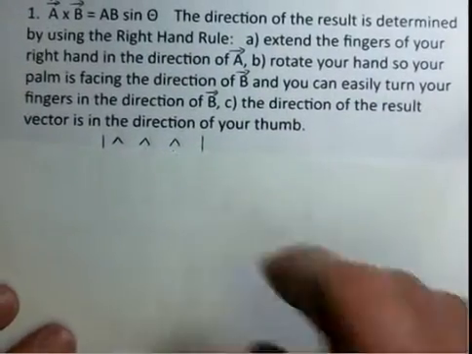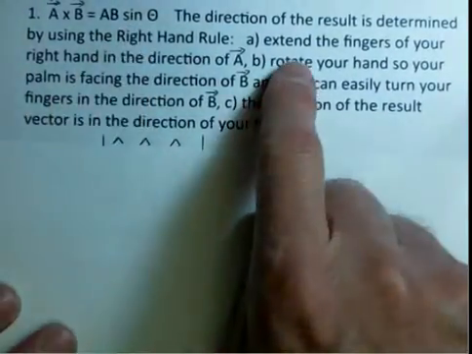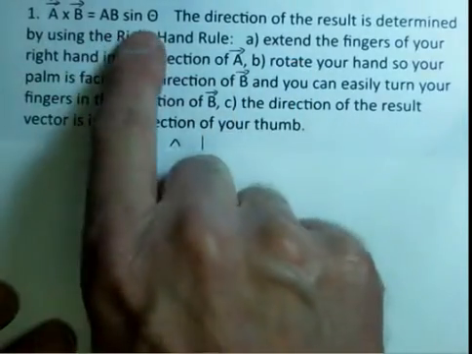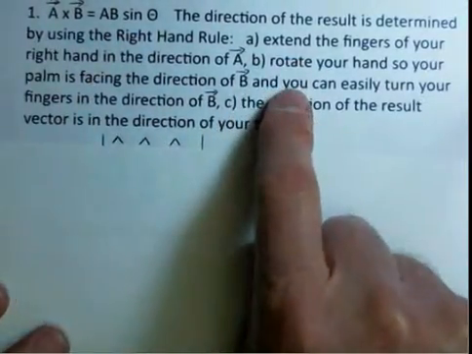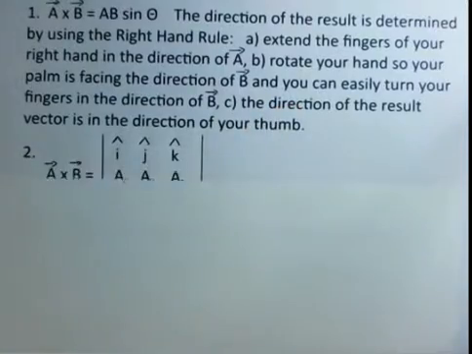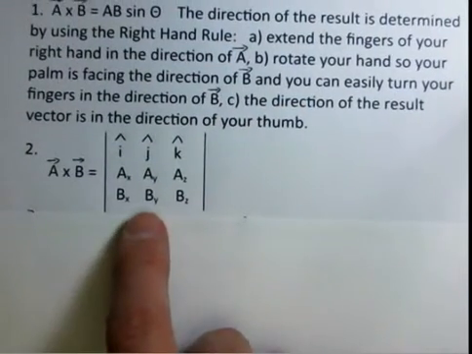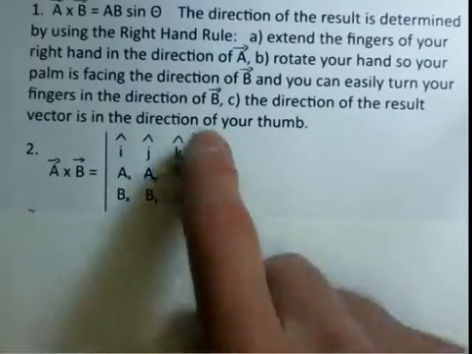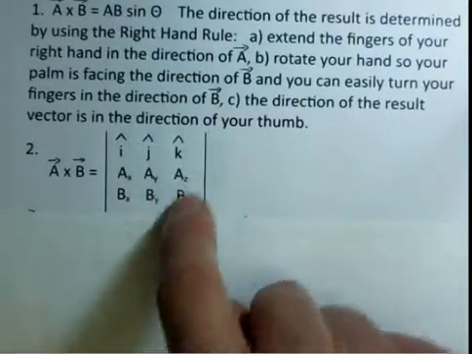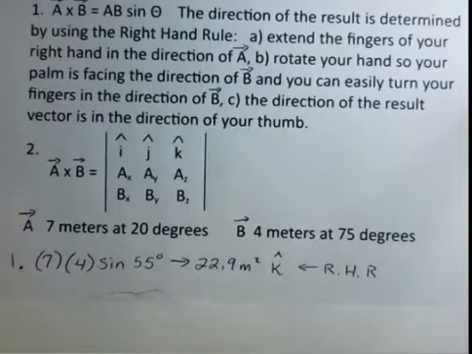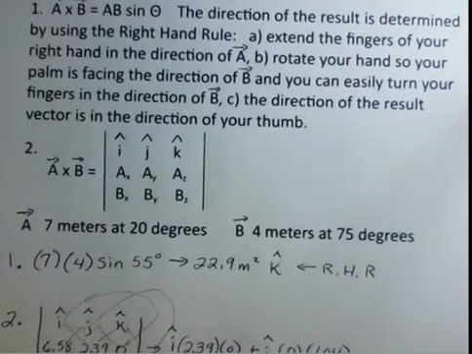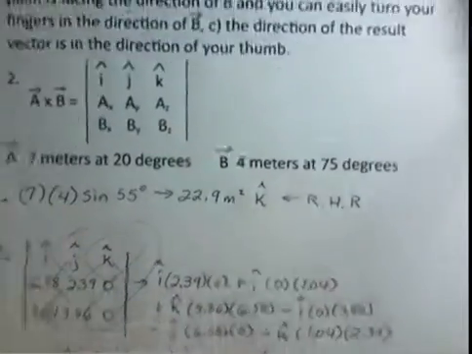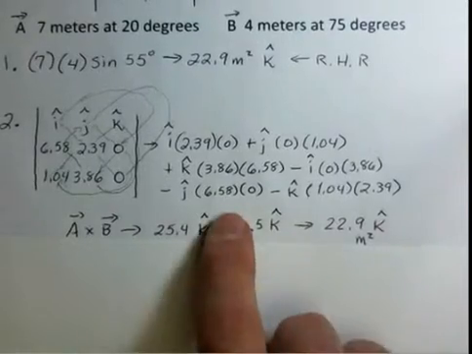The cross product gives a number and a direction. For AB sine theta, you have to then use your right hand to determine the direction. If you use the matrix method, then evaluating this determinant, 3 positive diagonals, 3 negative diagonals, always have 3 factors in each of the multiplications, and you get your result.